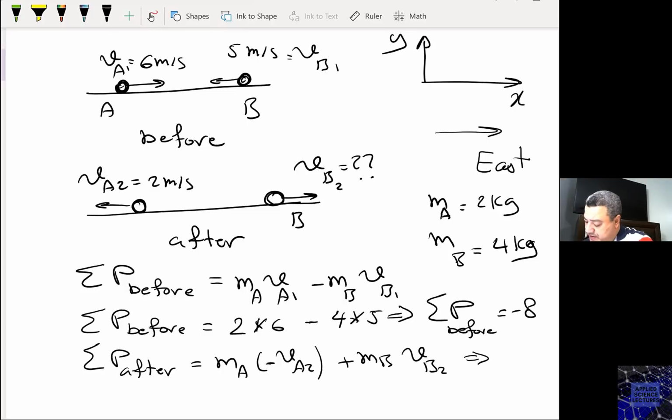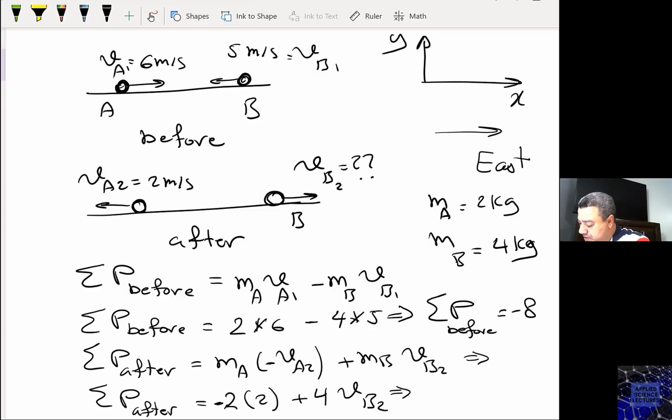Okay, so this gives me sigma p after equals minus 2 times 2, so this is the minus coming from the velocity here, plus 4 VB2. This gives me sigma p after to be 4 VB2 minus 4.